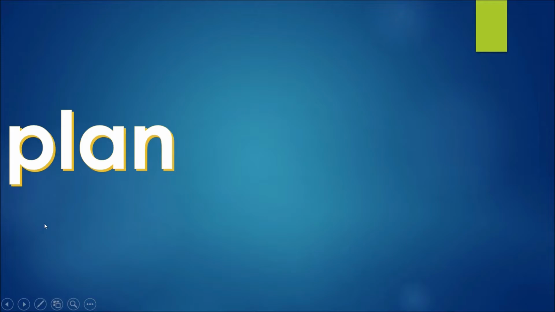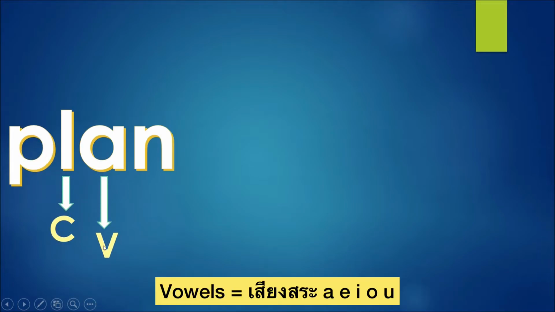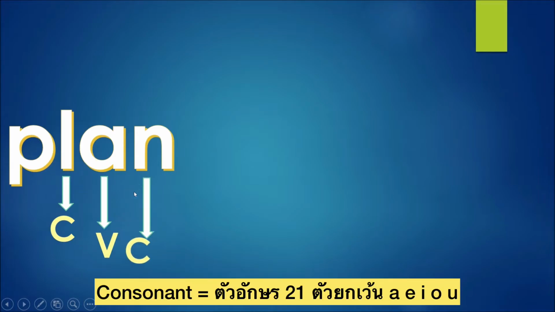Okay, so we have another example. Another example word is plan. This is a one syllable word, and the last three letters are consonant, vowel, consonant. Letter L is consonant, letter A is vowel, and letter N is a consonant.